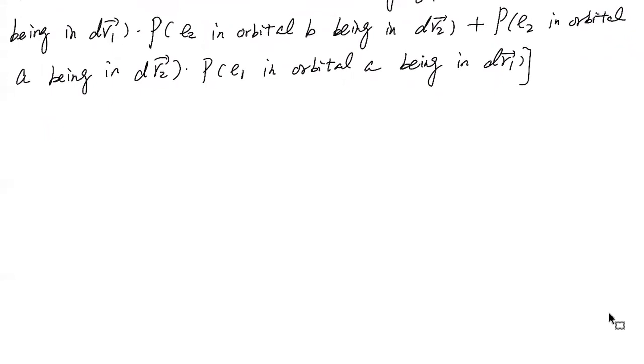So, this probability for electron 1 in dr1, electron 2 in dr2 is simply a product of electron 1 in dr1 and electron 2 in dr2. So it's really independent, right?